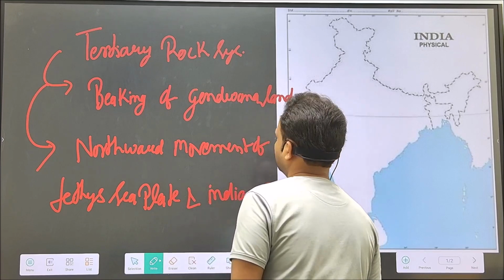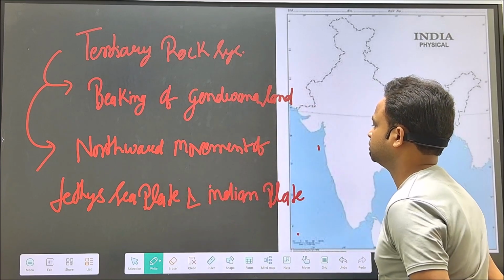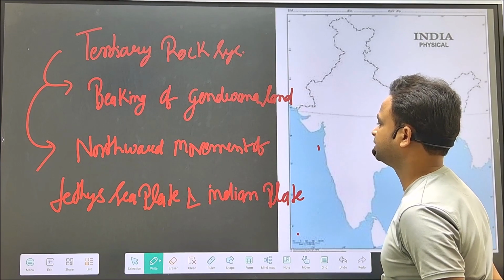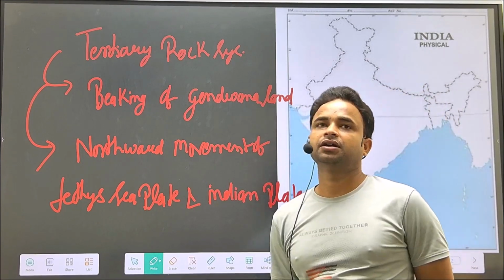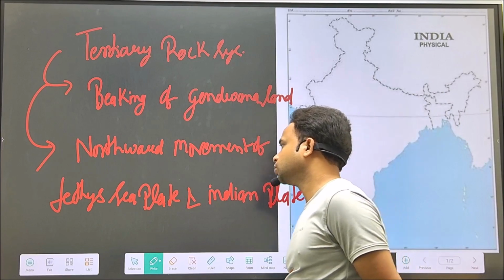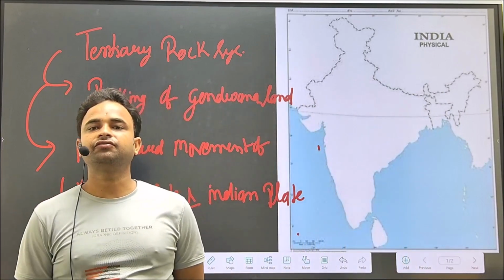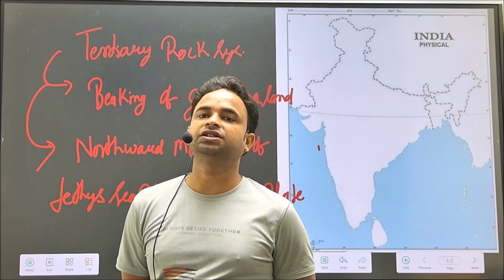And those collided with the Eurasian plate, thereby due to compression force the young fold mountain known as Himalaya was formed.